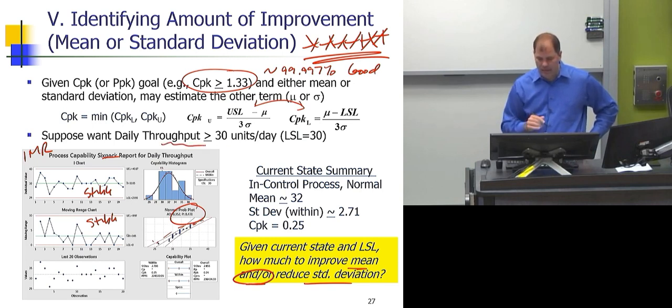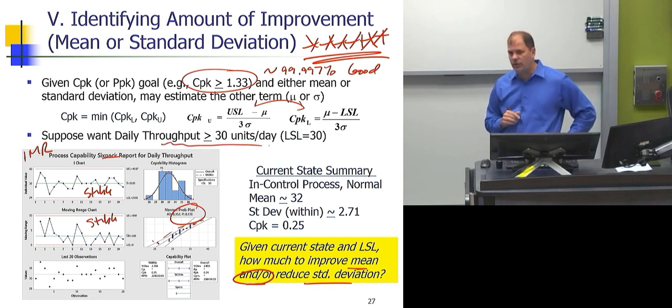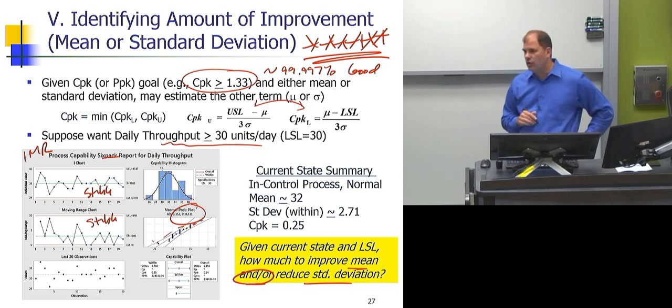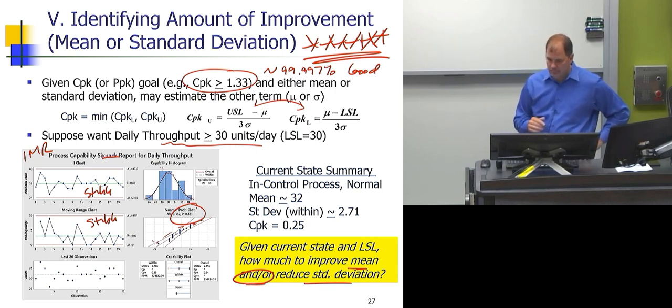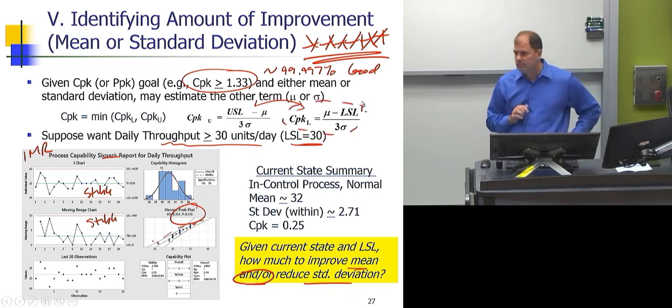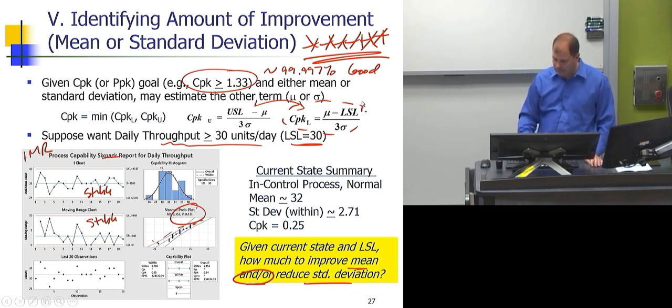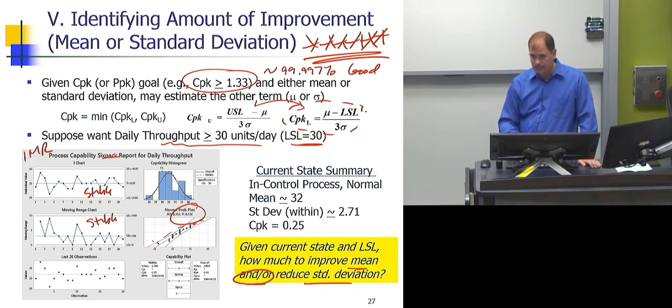I want to make sure that my throughput is at least 30 units per day. There's no penalty for making a lot of units. Therefore, I have an LSL, and I'm going to use the CPKL equation. All right, is that okay?